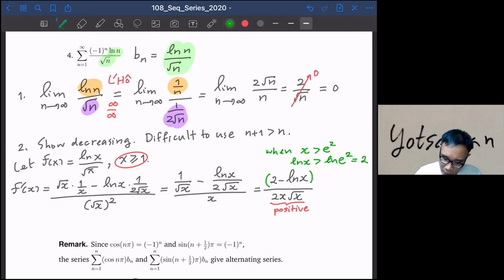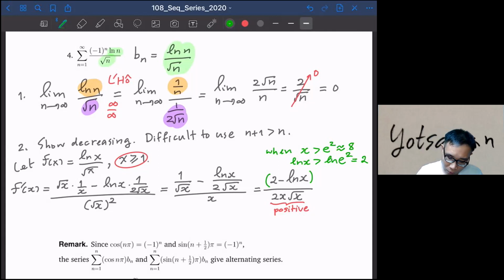And what is e squared? e is 2.7, and 2.7 squared is about 8 something. So it's going to be about 8. So when x is more than 8, log x will be more than 2.